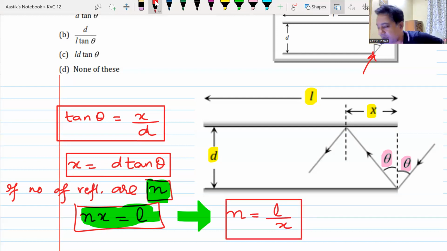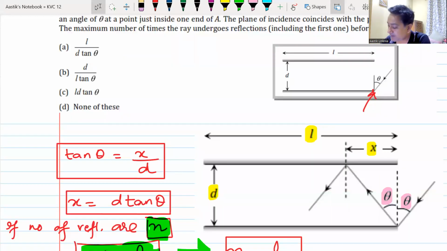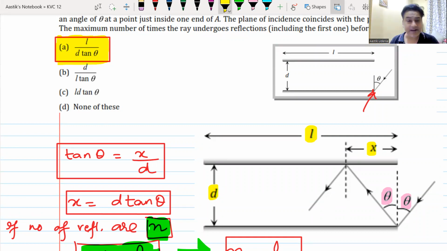L by x, so L by tan theta, and the option that you are going to get, my dear friends, is option number A. I just color it nicely so that it looks good. That is the answer, and we have solved it very simply just by drawing the diagram, nothing else.